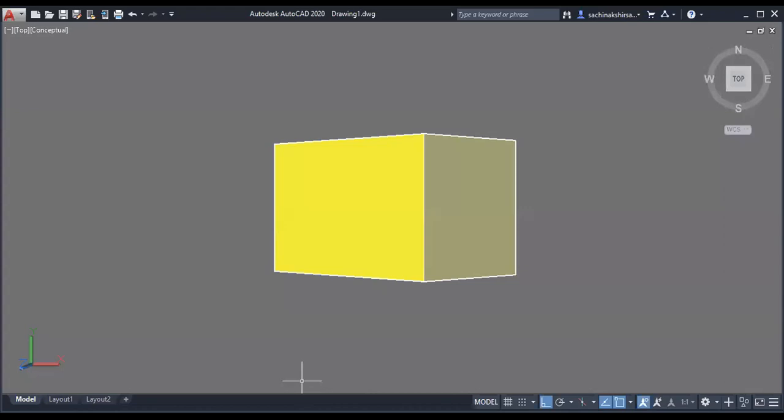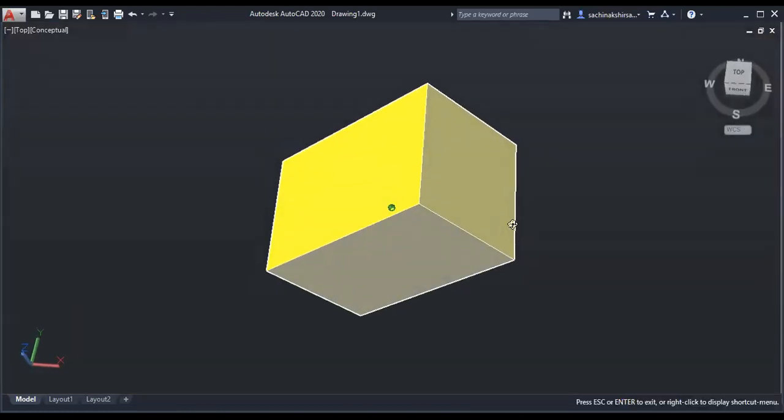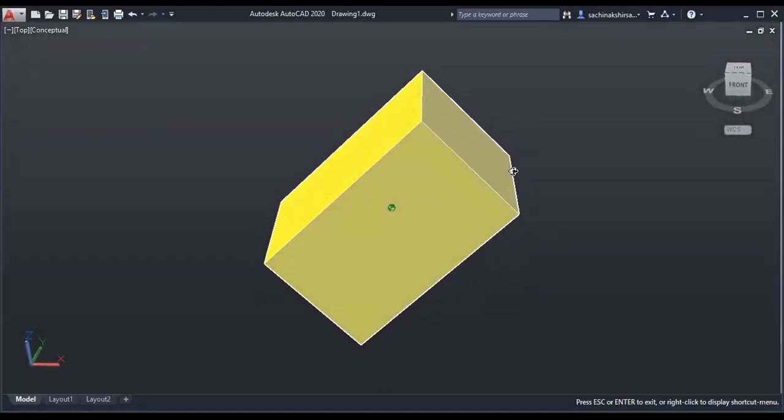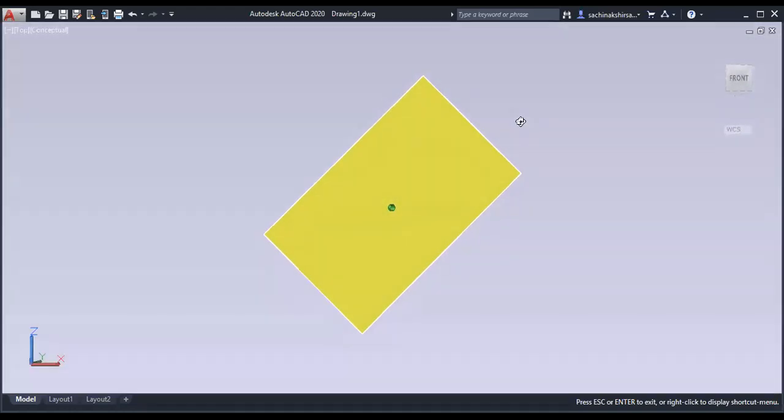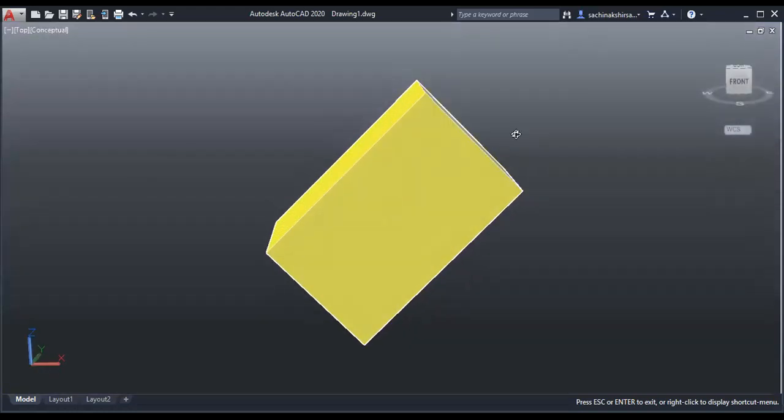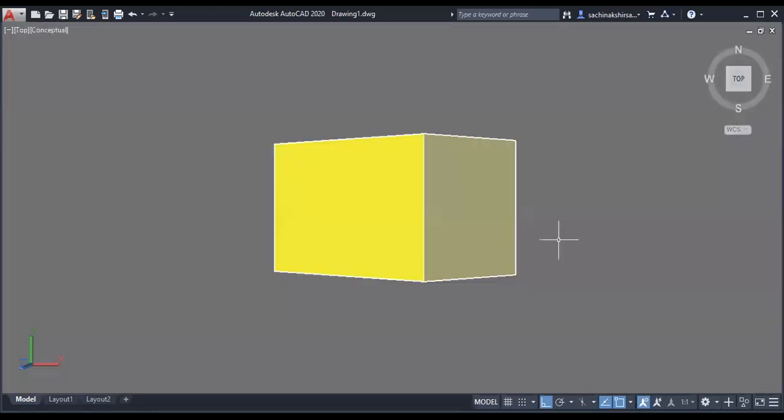Whatever the top surface is, tell me which edge is not possible to see. This is how it is, currently inclined. Okay, in this way we have drawn. Now we want to draw its top view, and the top view will be like this.